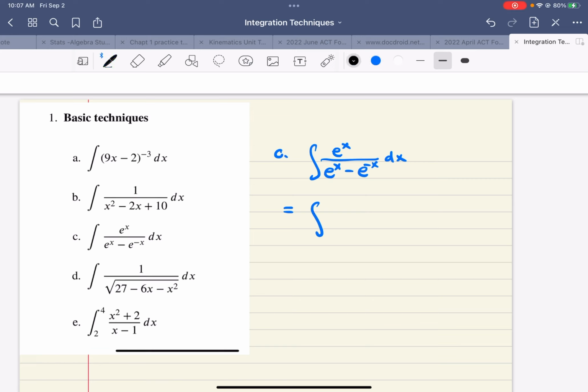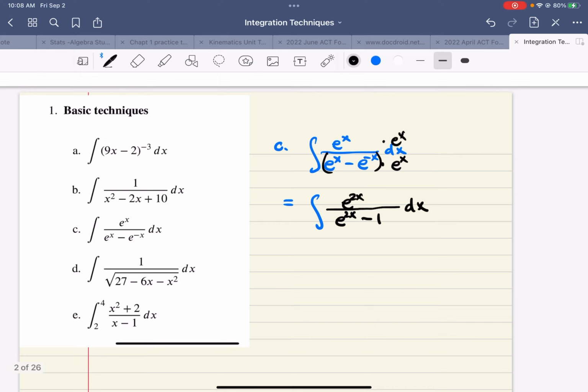So I'm going to multiply here by e to the x, and multiply here also by e to the x. But make sure you distribute. Then e to the x times e to the x is e to the 2x, and here also e to the 2x, minus e to the negative x times e to the x, which is e to the 0 power, so that means 1. Okay, so I changed the format.